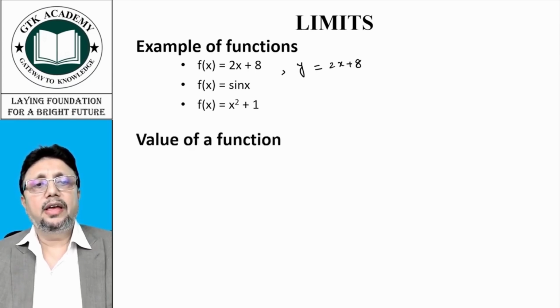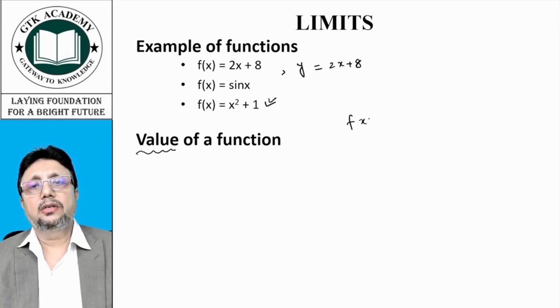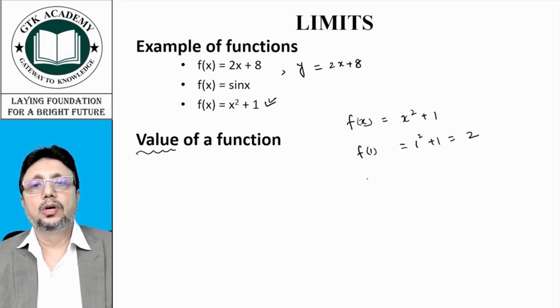Now, generally in the classes till 10th, we used to find the value of a function. For example, take this function, f(x) = x² + 1. If we put x as 1, this comes out to be 1² + 1, which is 2. Suppose you put the value of x as 3.